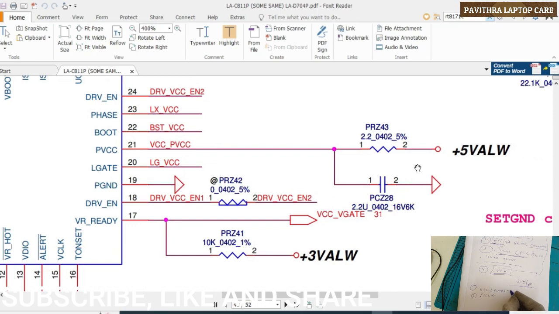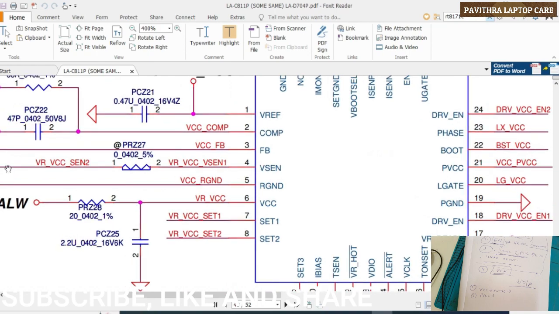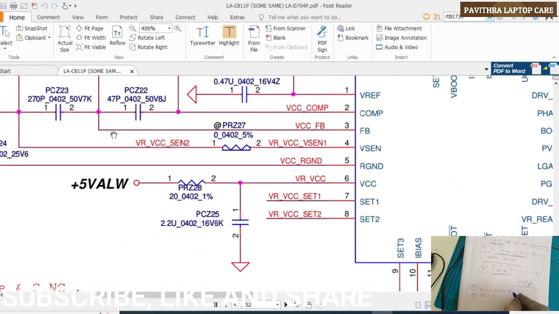What is the VCC voltage here? 5 volts always. When you plug in the charger, immediately this voltage will come, which means the CPU IC will get ready in idle mode. 5 volts always through 20 ohms.